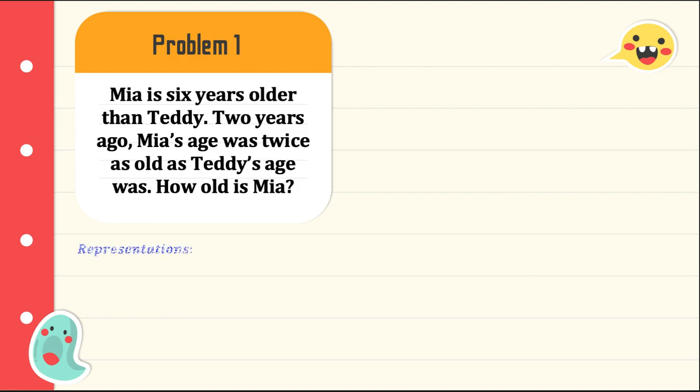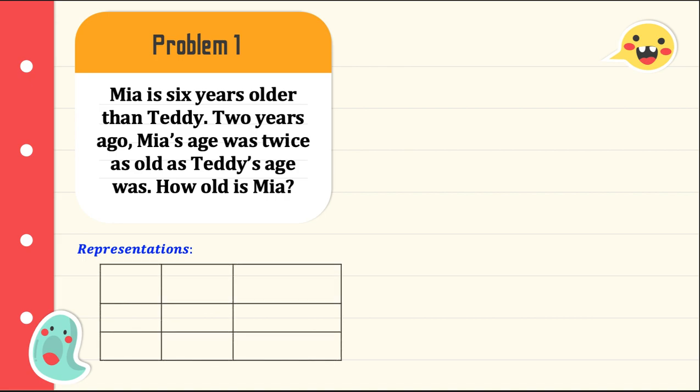So of course, we have to represent the unknowns, and I will be using a table here. In the first column, we're going to write the names of the people given in the problem. On the second column, that will be for the present age. And for the third column, that will be the past age. Why past age?